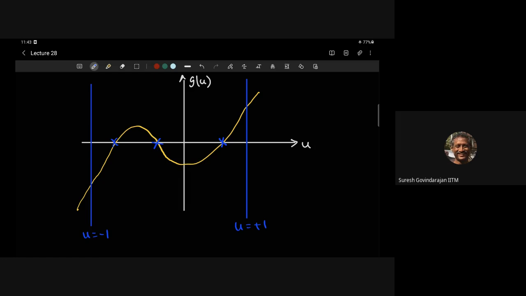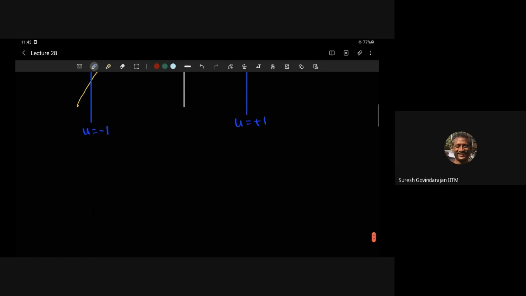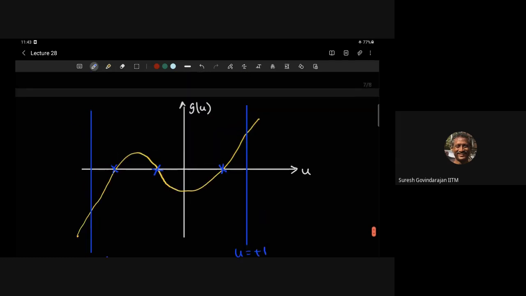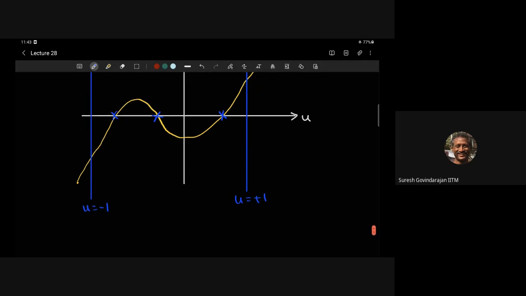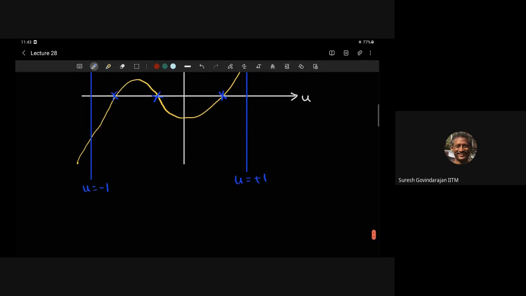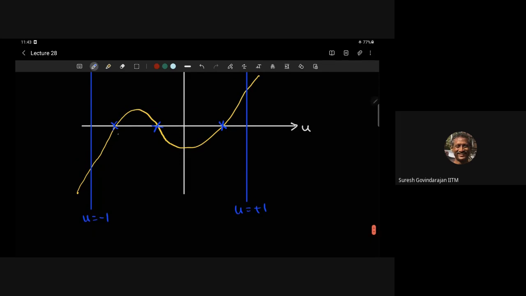Okay, so what do we do now? The key point here is the zeros of this polynomial. What are the accessible regions for the particle?